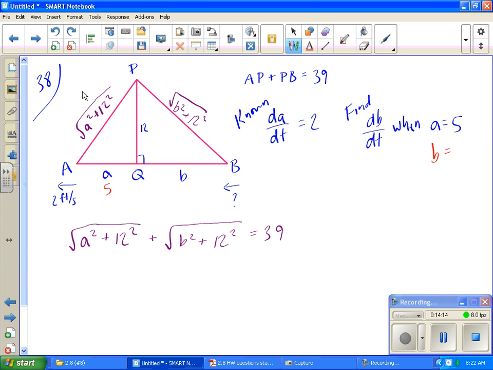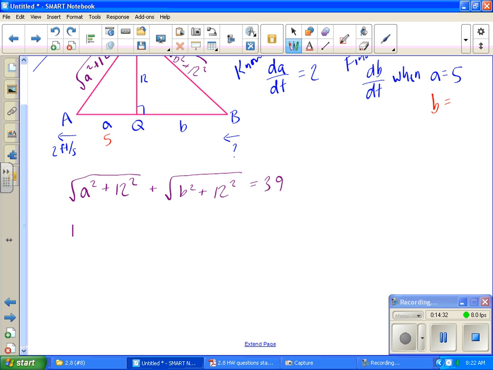The problem when I was thinking, oh, I'm going to put x here, is then you have another variable and you know nothing about that variable. Does that make sense? So that's why we're going to be using this piece here in order to just have those variables. So if I take the derivative of this, the outside function is the square root, so I'm going to have 1/2, and I leave the a squared plus 144 to the -1/2.